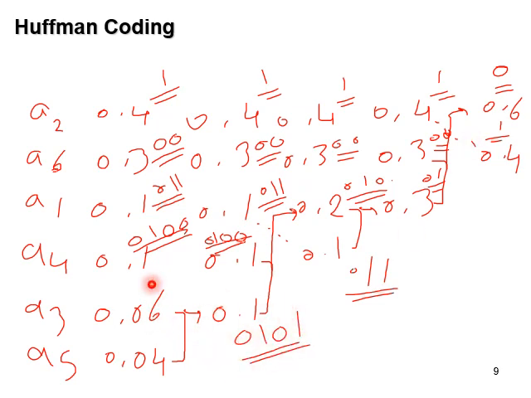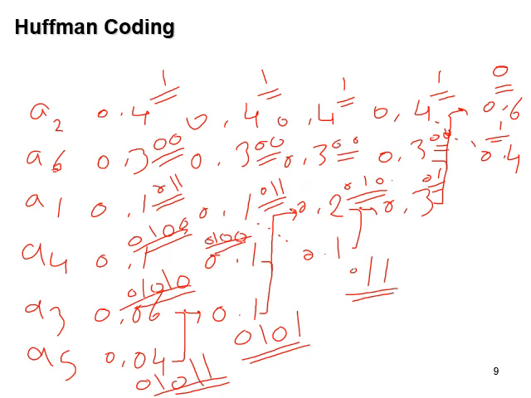Its code will be the prefix for these two, and therefore we have 0, 1, 0, 1, 0 and 0, 1, 0, 1, 1. Okay, now this is actually the end of applying the Huffman coding.